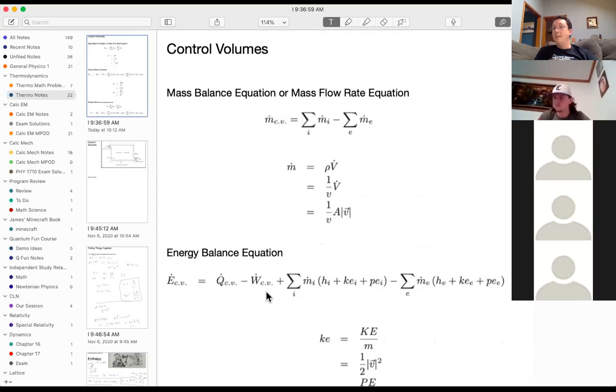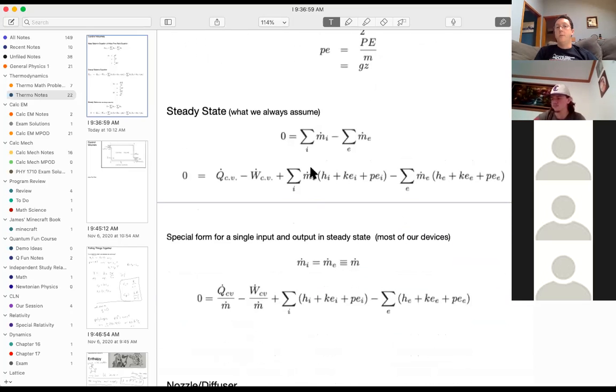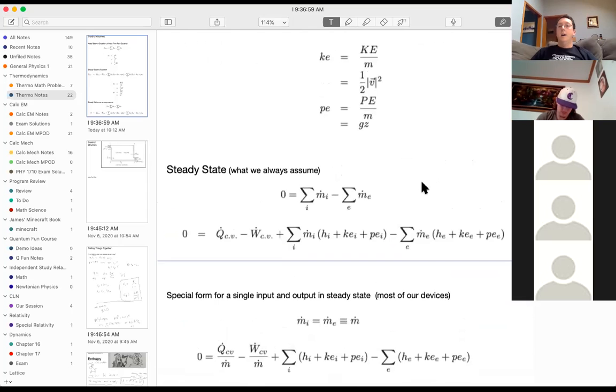It just means that you're balancing the inputs and outputs so that inside that volume, overall, nothing is changing. For the mass flow rate, that means you add up all the mass in, and that has to equal all the mass out so that you don't get a pile up inside the volume. For the energy equation, you have to balance the heats in and the work out with all the changes of the fluid flow energies.